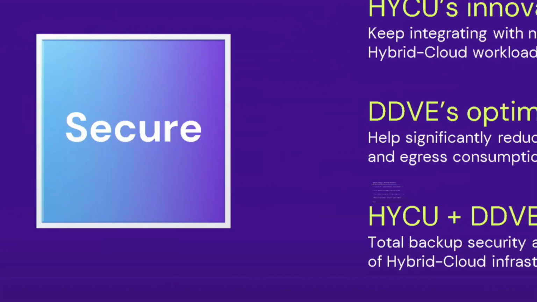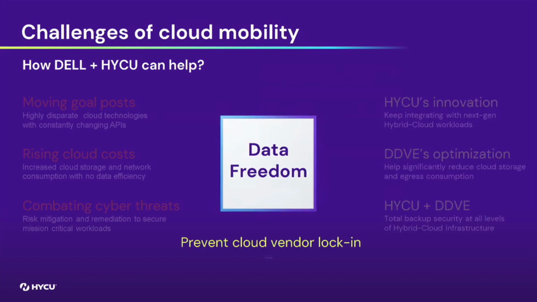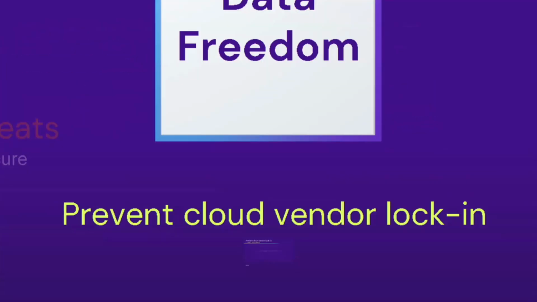So what am I really trying to say with all these things? We not only help you protect the data regardless of where it resides, HYCU and DDV can ensure that your data is truly versatile, and this can help you prevent cloud vendor lock-in. How? Two simple reasons.